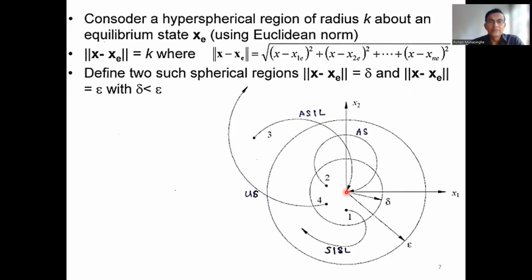Now, there are a number of curves here, right? Curve number 1, curve number 2, this one, and curve number 3, this one, and curve number 4, this one, right? This is how the state changes of a plant. So maybe they all start from here.